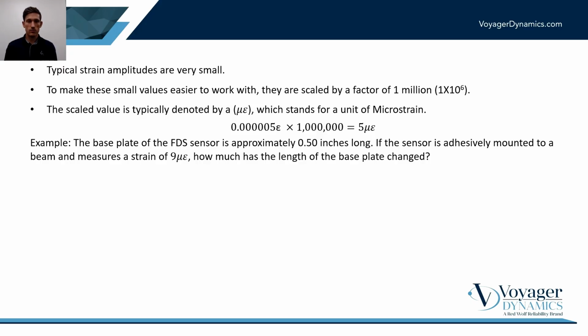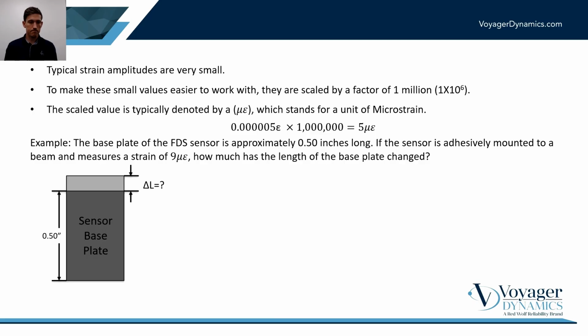That base plate is what gets adhesively mounted to a beam or whatever you're trying to measure. Say the FDS sensor measures a strain amplitude of 9 microstrain. We want to calculate how much that length of the base plate has changed based on the strain. Down on the lower left, we have an image of the base plate that we can use to conceptualize what we're looking for.